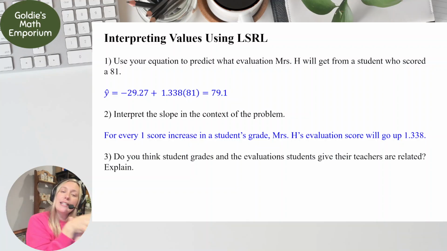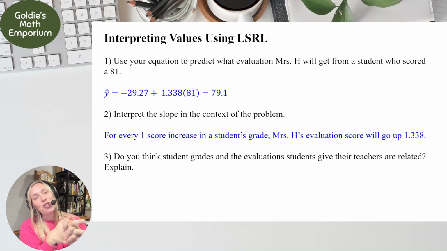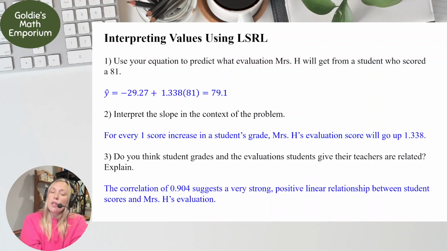Do you think student grades and the evaluations students give their teachers are related? Now, there are ways to mathematically determine yes or no to this question. We have inference procedures to determine this that we might learn about later, but they definitely exist. Right now I just want you to explain based on what you're seeing. Based on the correlation and maybe the scatter plot, if we were to draw one, the correlation is very high.